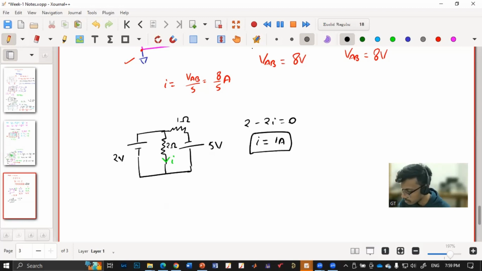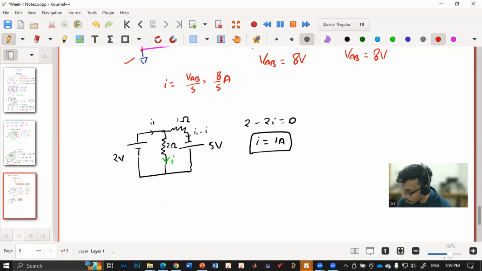So I got it. Now I need to know the current. Say I am assuming this one to be I1. Now I'll get here I1 minus I. Do you agree? I1 minus I, or I1 minus 1, as we got I equal to 1 ampere.